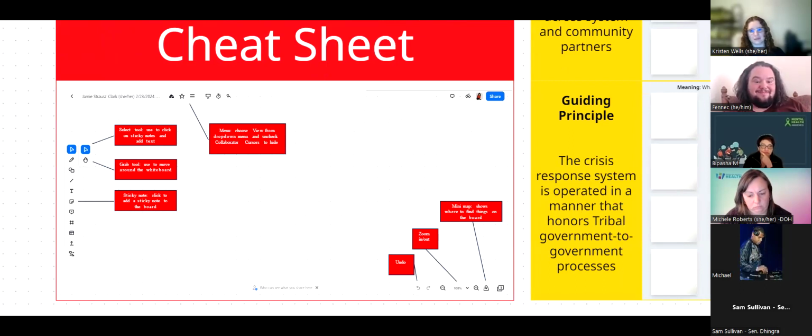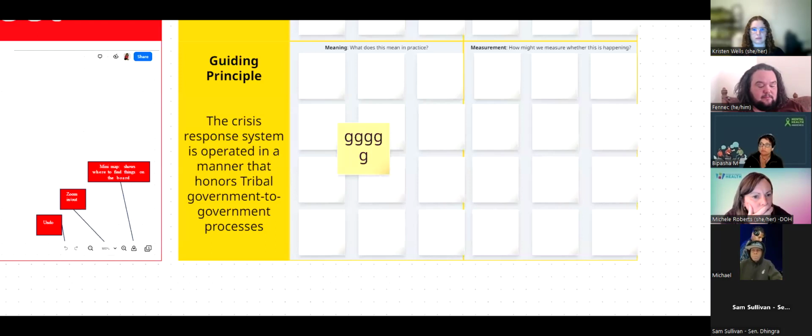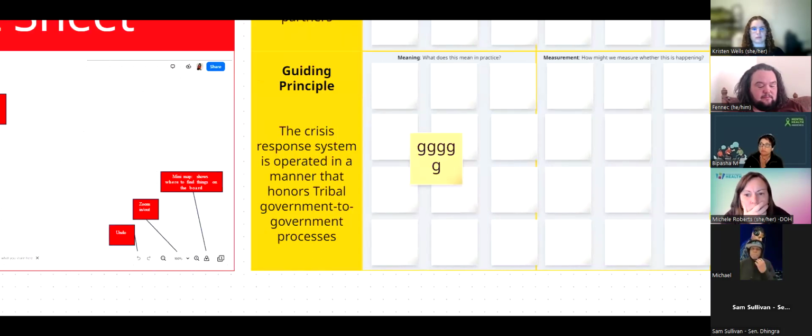Like I just picked yellow here, and I can add another yellow sticky note over here and type in it. So if we run out, we can add more sticky notes, and you'll see there's a place over on the right side where we can put these sticky notes, over here in this dotted area.